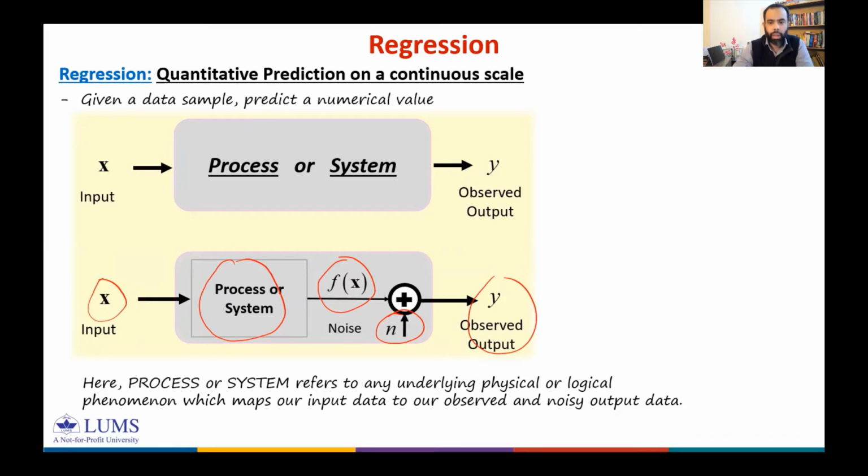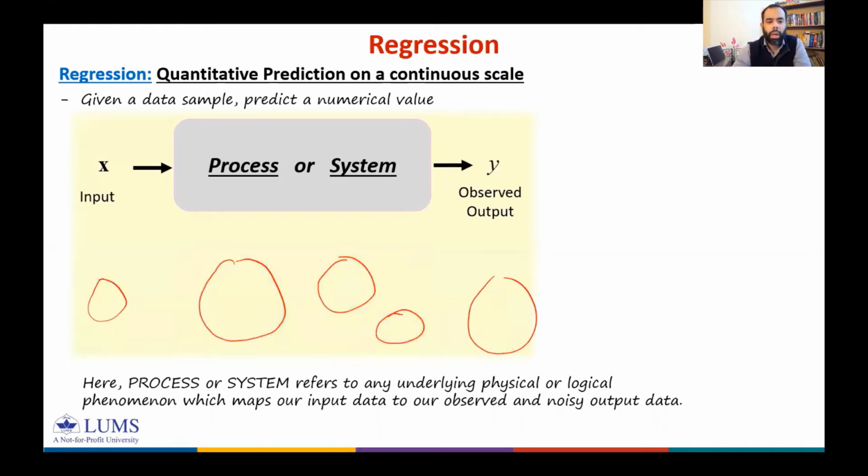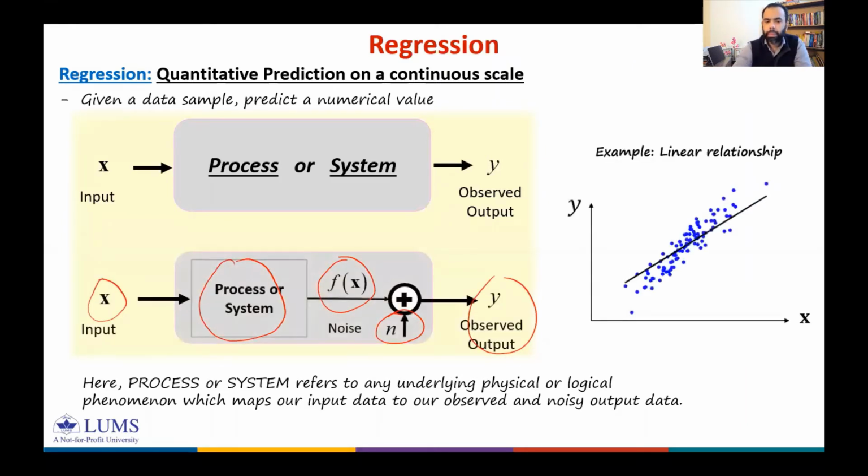A simple example would be that if you have a linear relationship between input and output, linear means a straight line relationship, and you're getting these blue observations, right? If you take observations on f of x, you take points on this line. But you don't have access to this line, but you have access to y. So the measurements on this line are disturbed by, or they are getting variations because of, the additive noise in it.